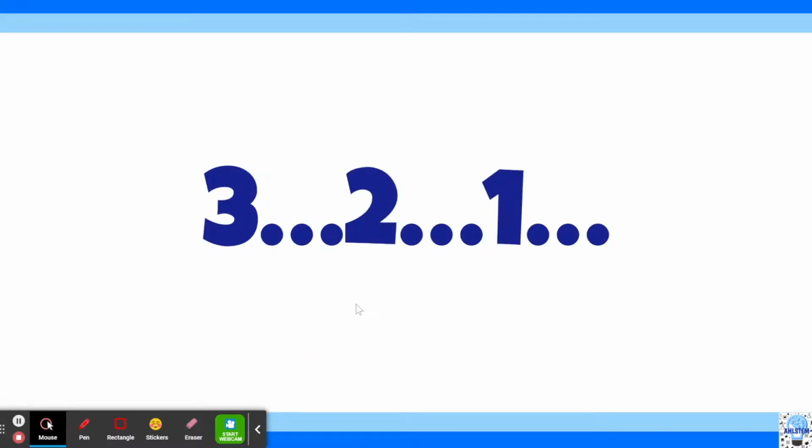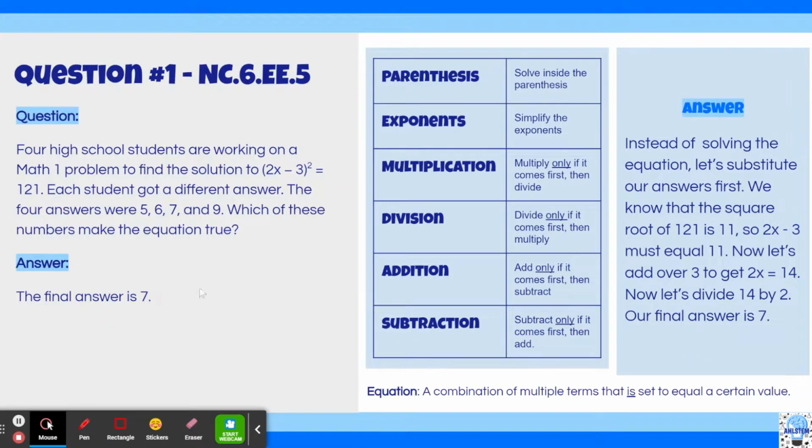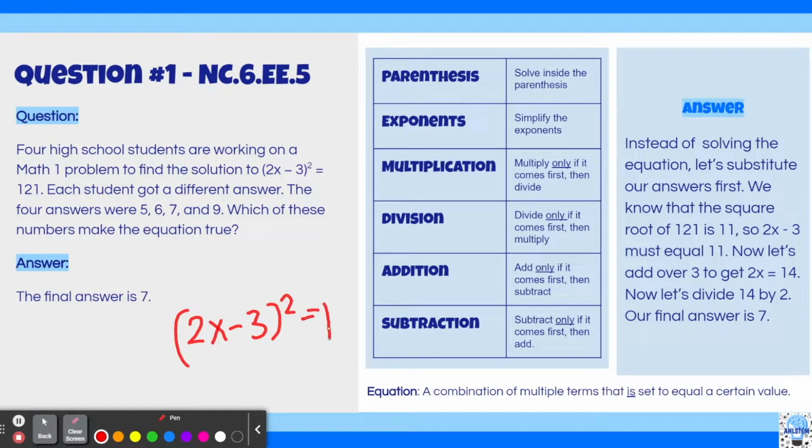Ready? 3, 2, 1. The correct number you should have gotten is 7. Feel free to read, or you can just listen to me say it. We have (2x minus 3) squared equals 121.